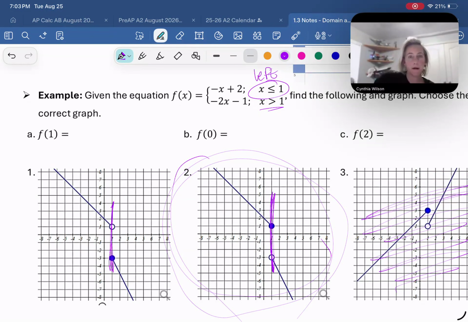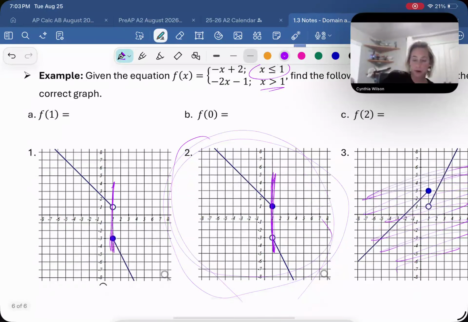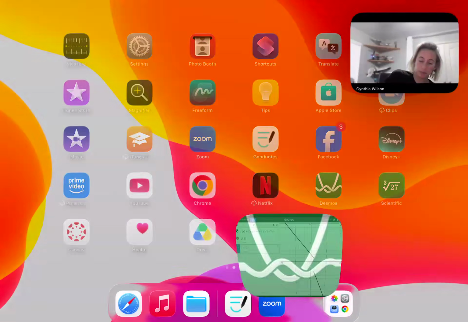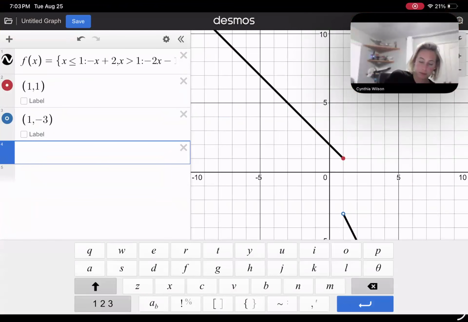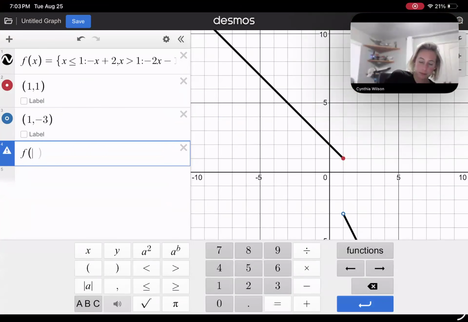Okay. So now we do our function values. F of 1 is 1. Notice it did not tell you 3, -3. That's a good hint there.